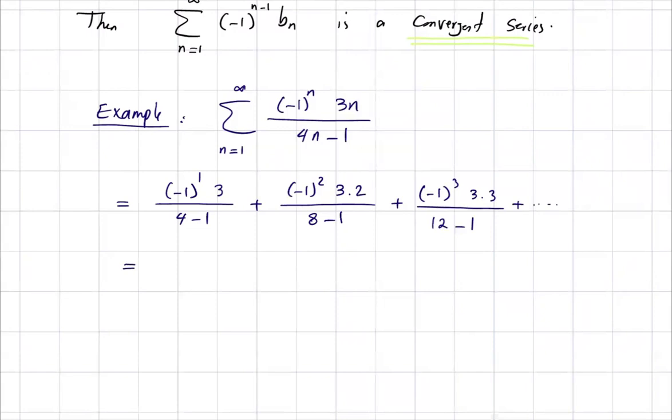Or you have -3 divided by 3, plus 6 divided by 7, minus 9 divided by 11, and so on. So it seems like you have an alternating series, but is this a convergent alternating series?